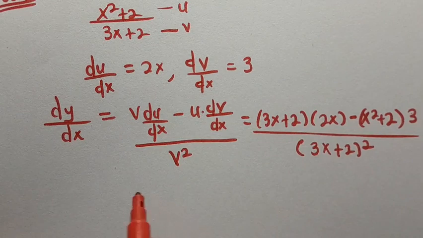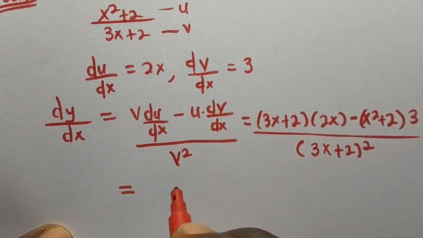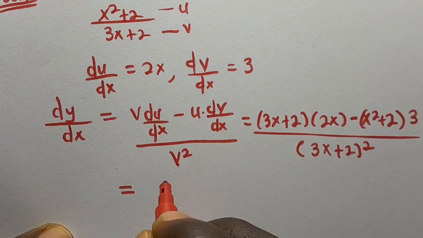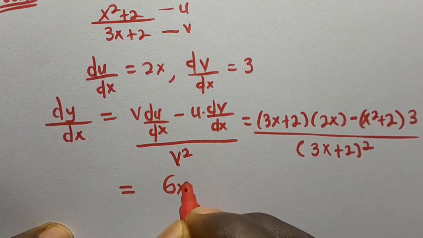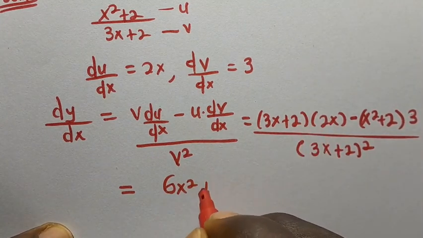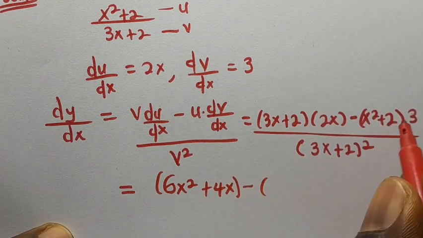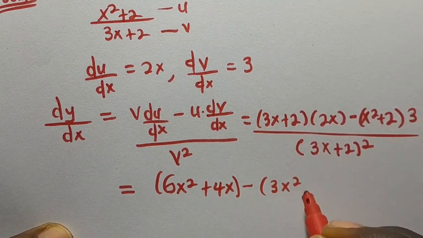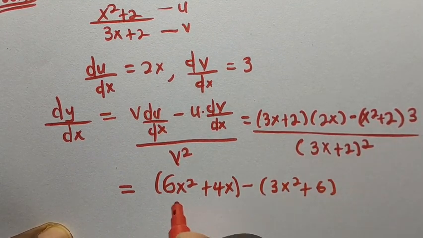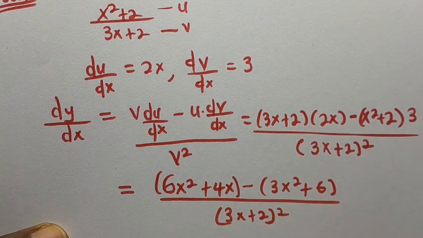From here, this multiplied by this will be 6x squared. Then this multiplied by this will be 4x. Minus, this multiplied by this will be 3x squared, and this multiplied by this will be plus 6, all divided by 3x plus 2 all squared.